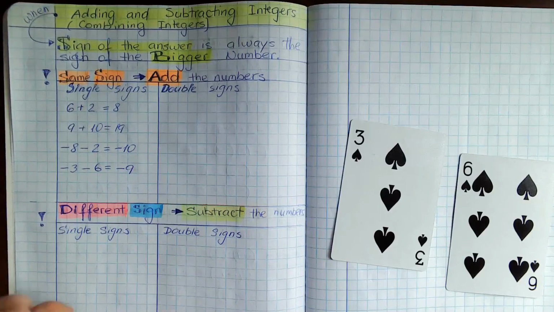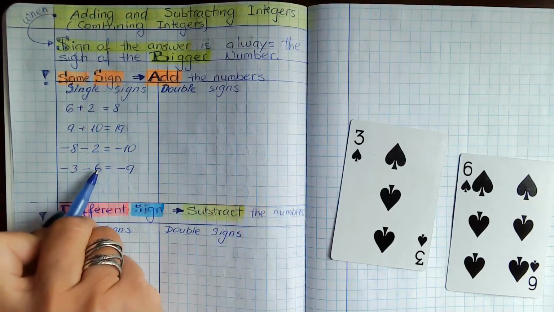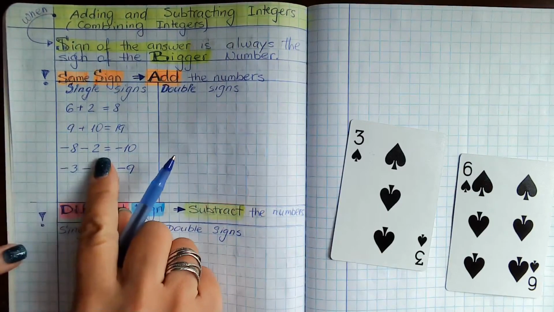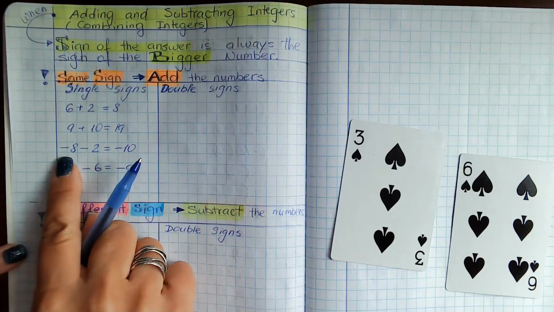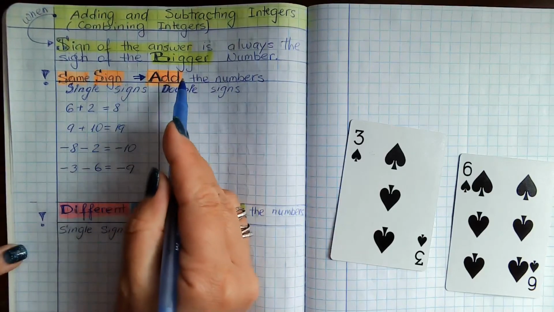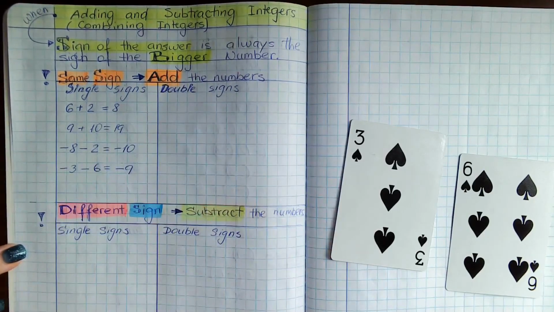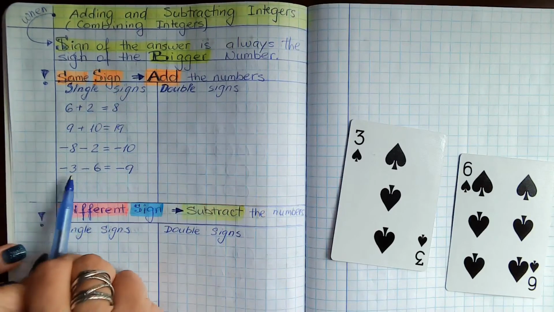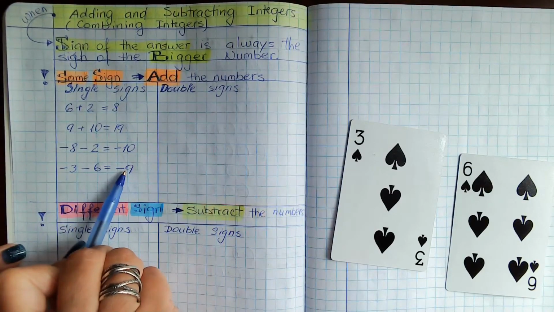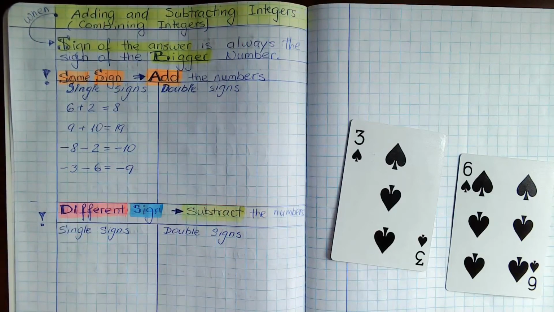The rule says 2 numbers with the same sign, negative 3 and negative 6, add the numbers. That will be 3 plus 6, but they're spades. They're negative. Keep the sign. Same sign, add the numbers, keep the sign.